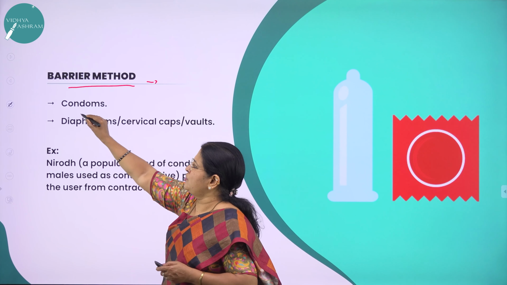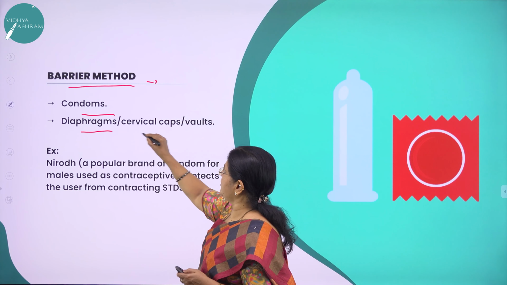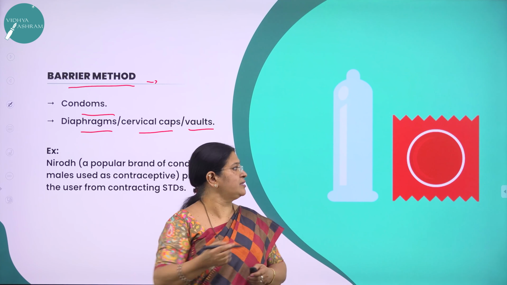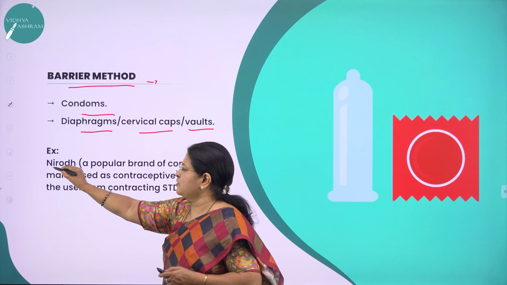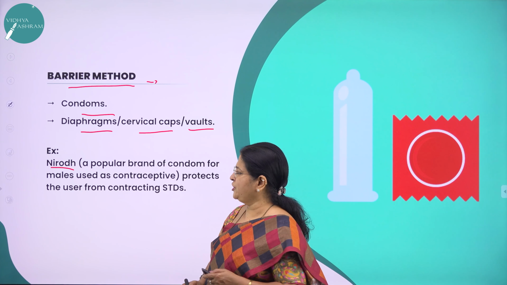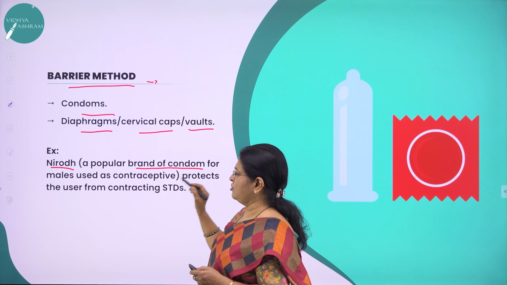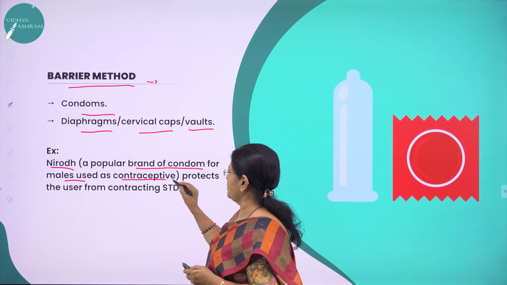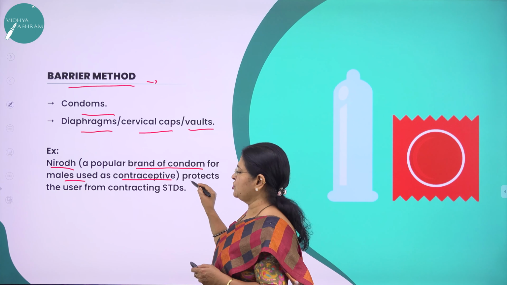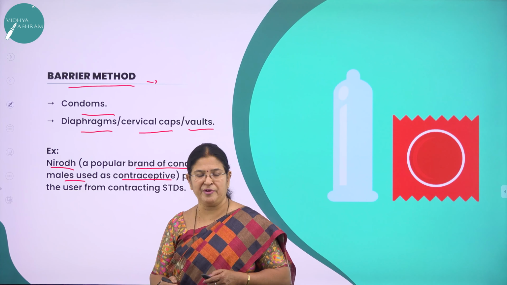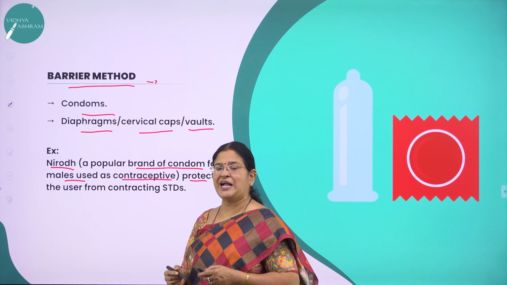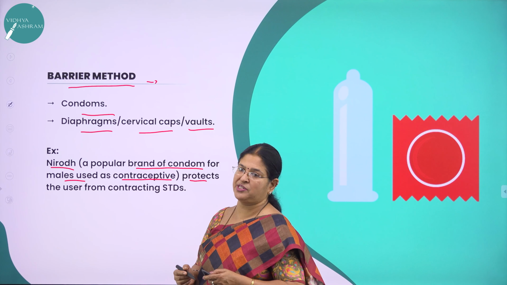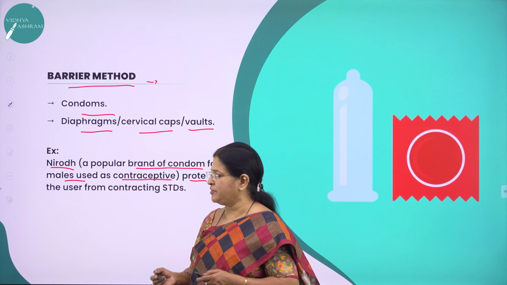like the use of condoms, diaphragms, cervical caps and vaults. You can see in the picture here, right? Particularly we come across a very important condom called Nirodh, a popular brand of condom for males used as a contraceptive. The use of condoms not only prevents conception, it also prevents the male from contracting sexually transmitted diseases, which I am going to explain in the coming sessions.